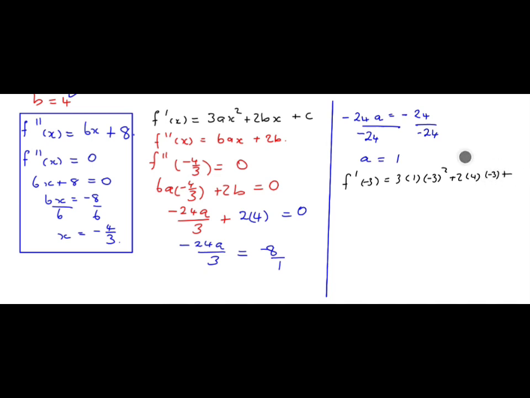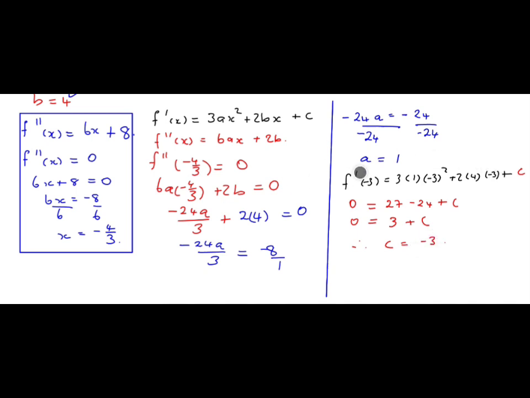And that's for me to find c right there. Now I know that my first derivative at negative 3 is 0, so I can simplify the whole thing. That's going to be 3 times 9, which is 27, and that's going to be minus 24 plus c. That's going to give us a difference of 3, meaning c is negative 3.